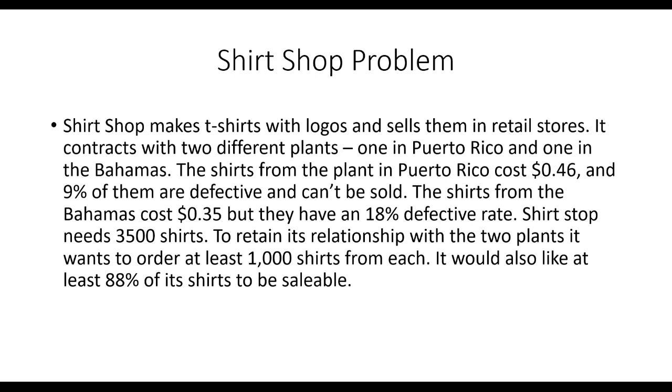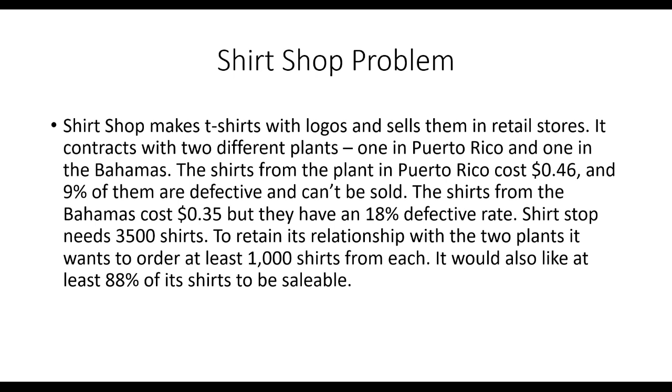time. This is the shirt shop problem, and again, we have looked at this before. In this situation, we make t-shirts with logos and we sell them in retail stores. Shirt shop contracts with two different plants, one plant in Puerto Rico and one in the Bahamas. The shirts from the plant in Puerto Rico cost 46 cents, and 9% of them are defective and can't be sold.